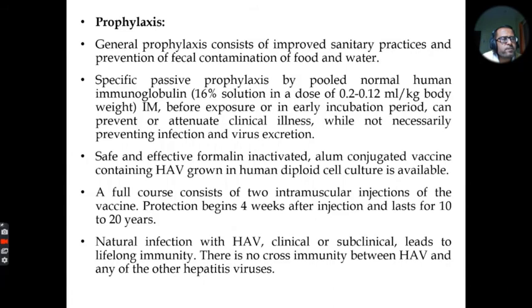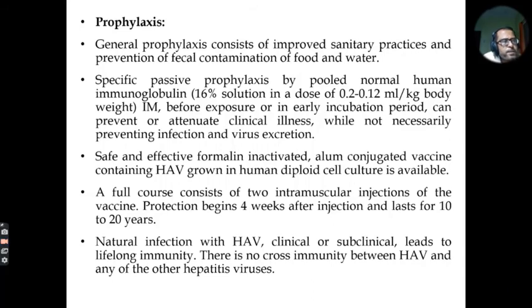A full course is 2 intramuscular injections of this vaccine. Protection begins within 4 weeks after the injection, and it may last for 10 to 20 years. So when we use this vaccine, it gives protection against this infection for about 10 to 20 years.